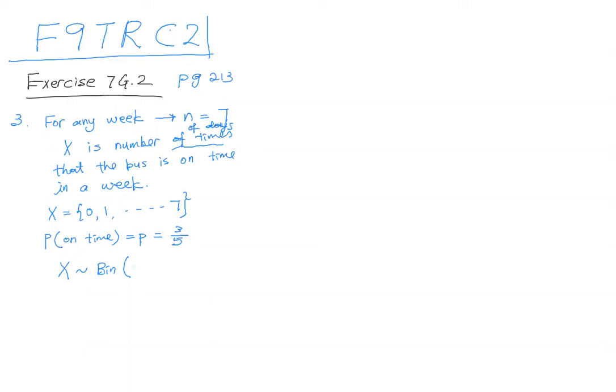So our n equal to 7 and P equal to 3/5. Okay, we have done all this already. So now we can go to part A. What do you mean by probability of all 7 days on time?